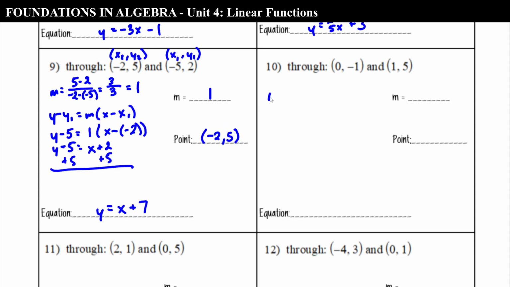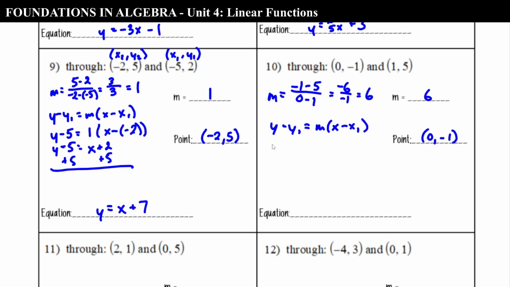All right, for number 10, let's do our y's, the difference of our y's over the difference of our x's. So that gives us negative 6 over negative 1, which is going to give us positive 6. Let's use the first point since it has a 0 in it, and we'll go to work. y minus y1 equals m times x minus x1. y1 is going to be negative 1.